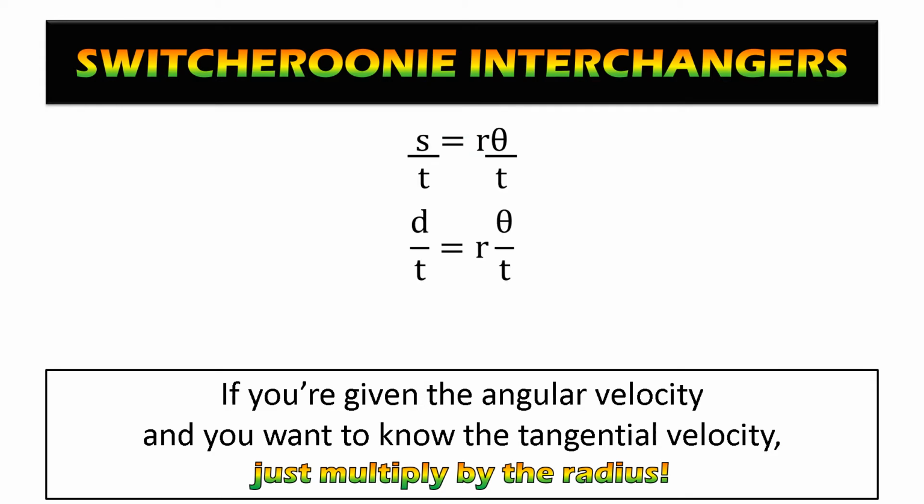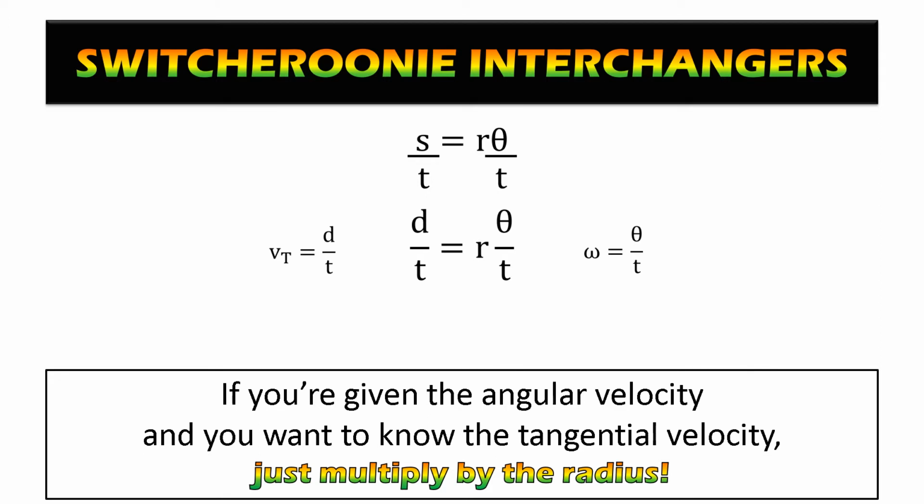And what we can say is, we said before that this arc length is really a measure of your distance around the circle. And we know that the distance divided by the time, or the displacement divided by the time, is equal to your velocity. And then does this look familiar? Theta divided by t is your angular velocity.